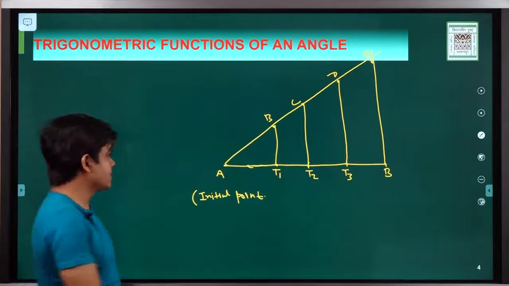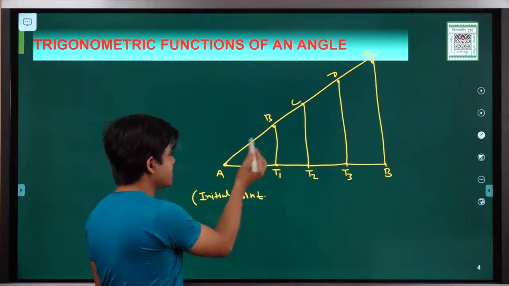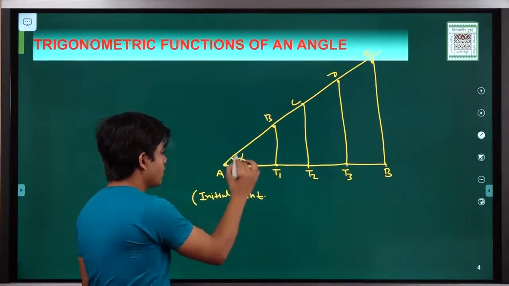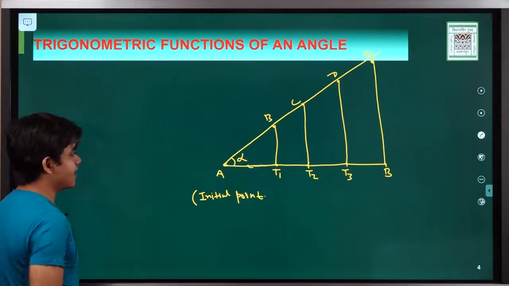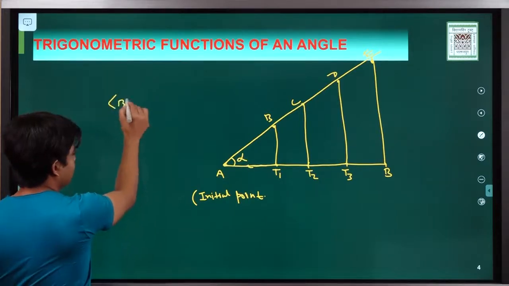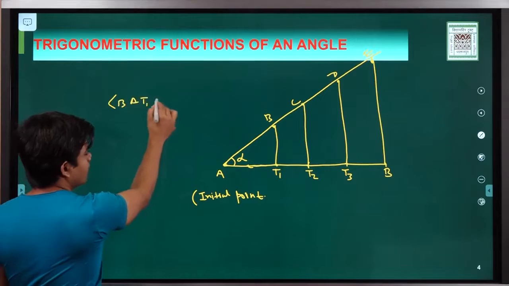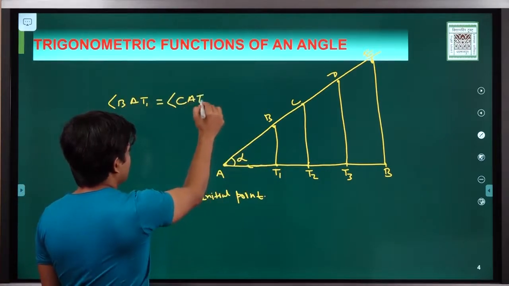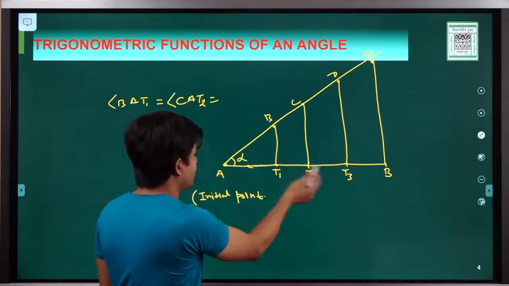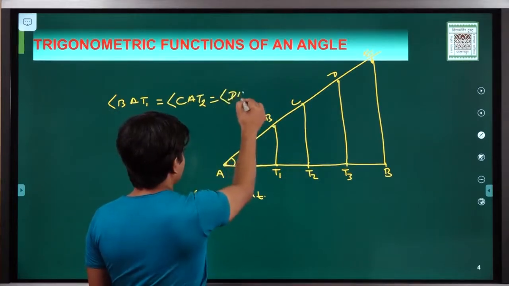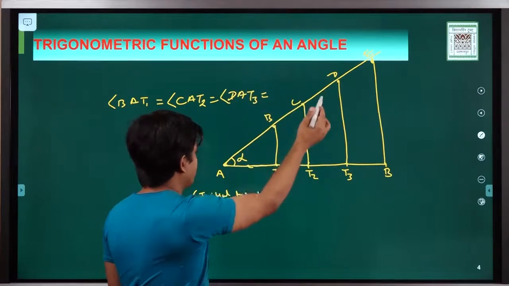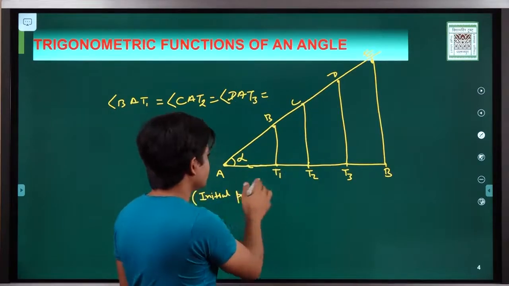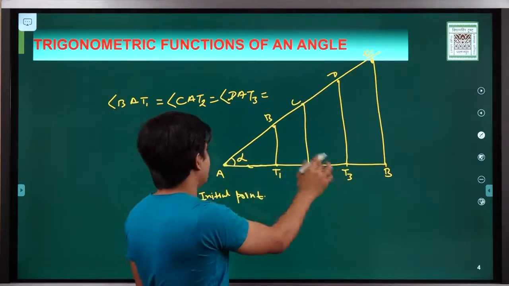So we can see that this angle, let's say it is alpha, then angle BAT1 is equal to angle CAT2 is equal to angle DAT3 is equal to angle EAB.